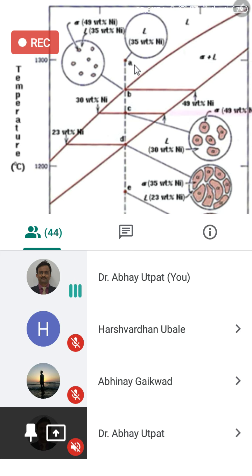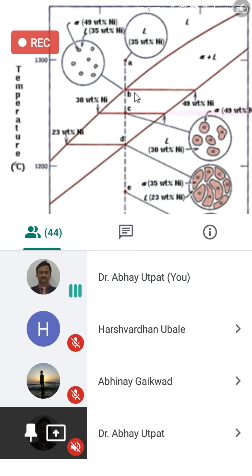As soon as cooling starts, you are crossing the liquidus line. As soon as you cross the liquidus line, at point B, you will observe some amount of solid has produced. That is alpha is written. Small dots are given.